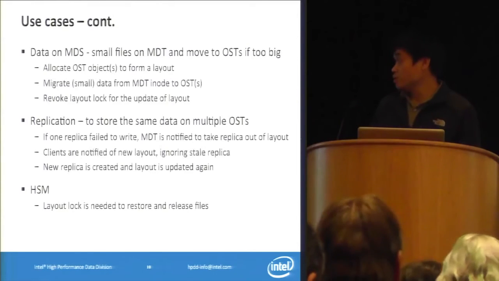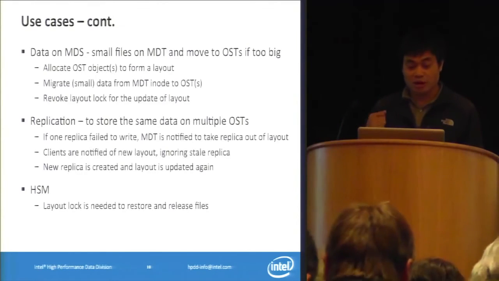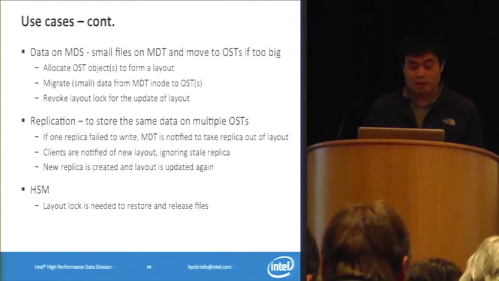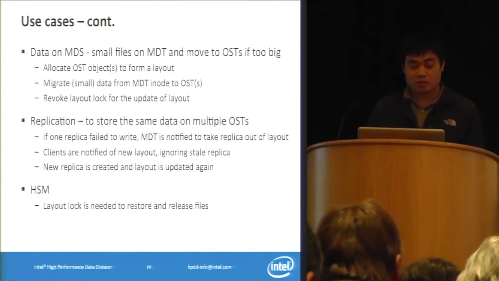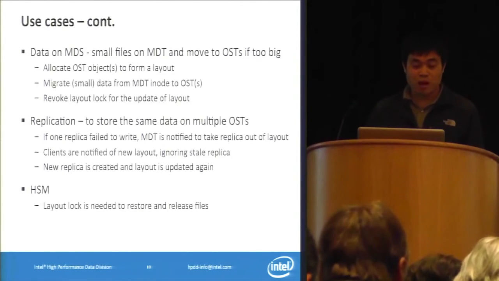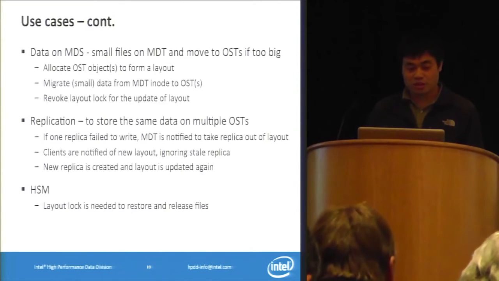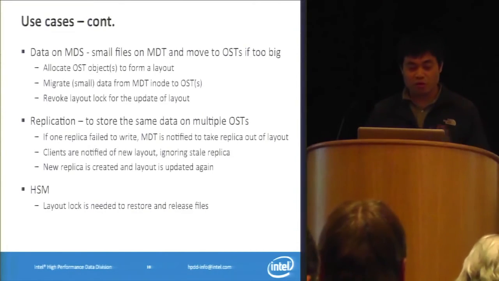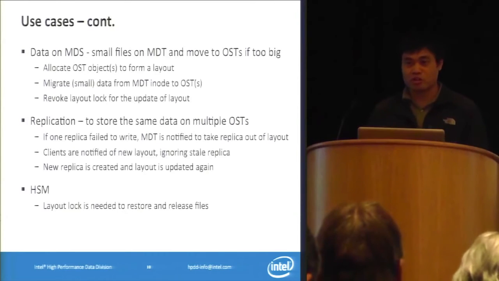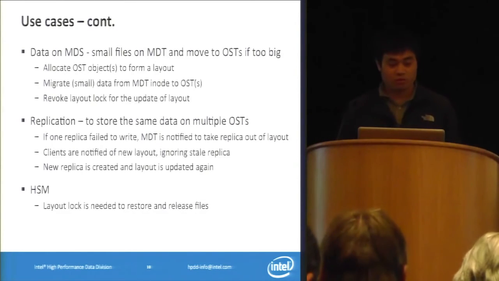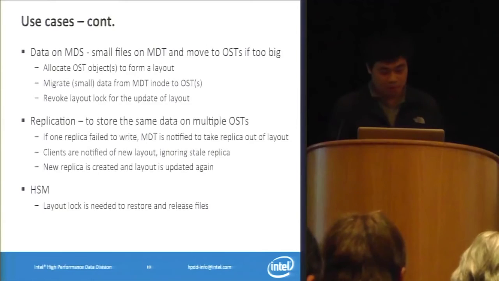So if this happens, we allocate OST objects to generate a layout, then migrate the small data from the MDT to the OSTs, and then revoke the layout so that all of the clients will be notified of the layout update.